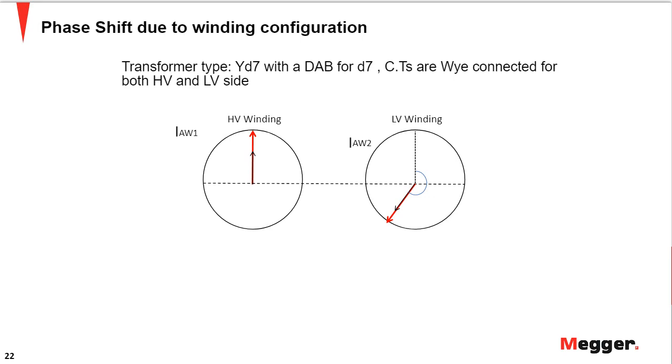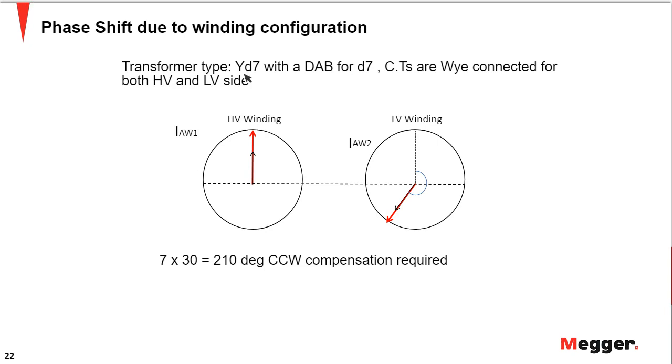So the relay would think there is a differential condition, and it's going to trip if not taken care of. So obviously we need a compensation to bring this angle in phase with the high side winding, right? So we needed 210-degree counterclockwise compensation in this case to make sure that there is no misoperation on differential because of the phase shift due to the transformer windings here.